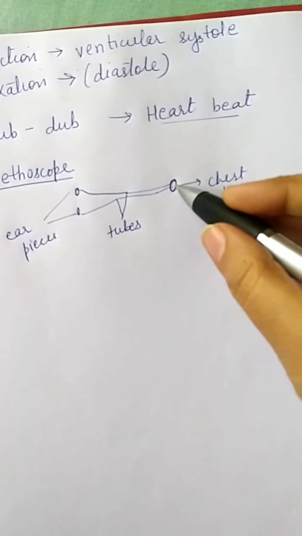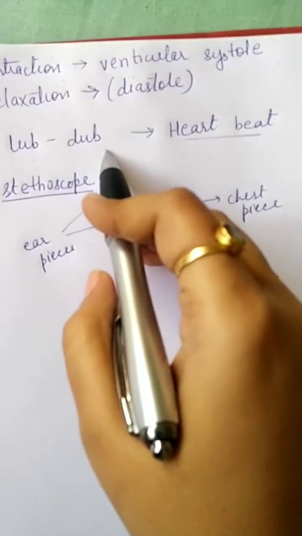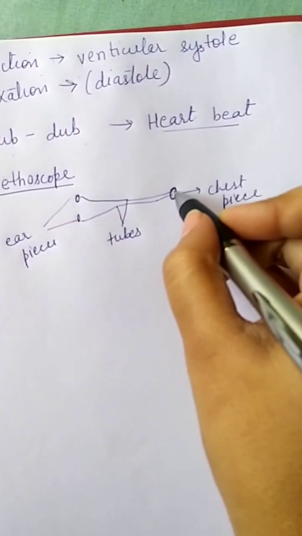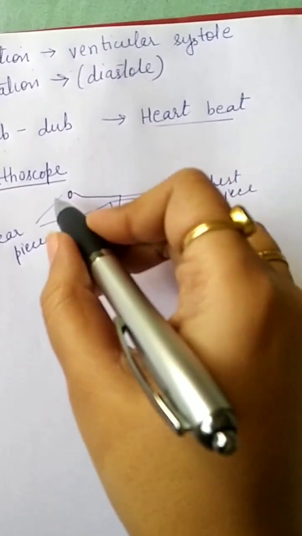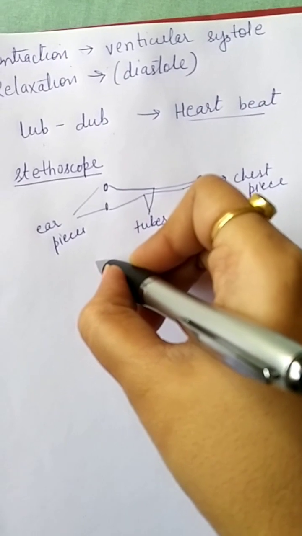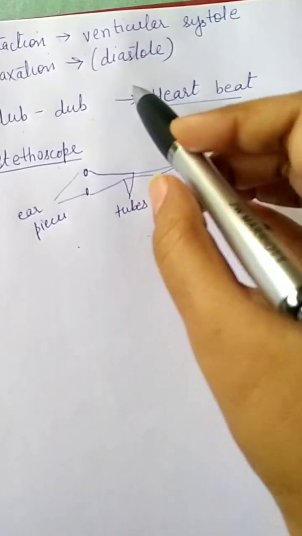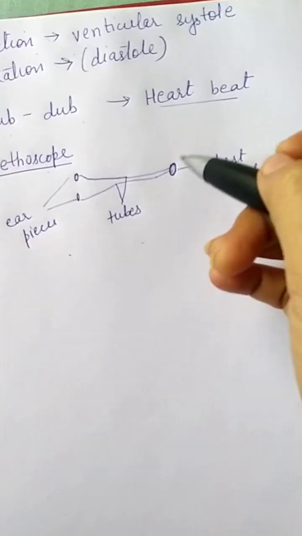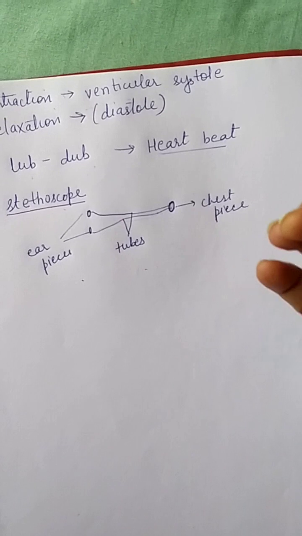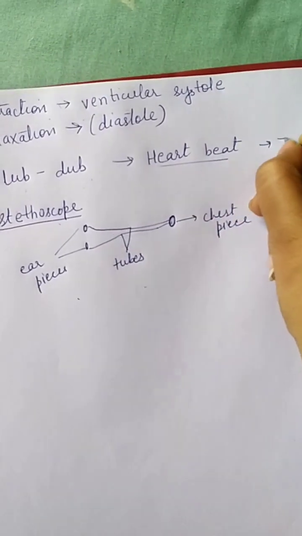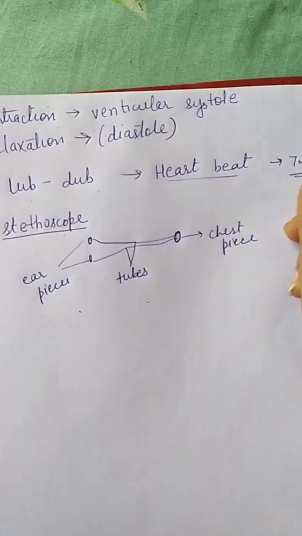So when it is kept on the chest, the heart is making a sound of lub-dub, the membrane on the chest piece starts vibrating, and this vibration reaches our ears. So a stethoscope is used to check whether the heart is functioning properly, or the heartbeat is proper or not. Generally, a healthy person's heart beats 72 times per minute. This is a normal heartbeat.